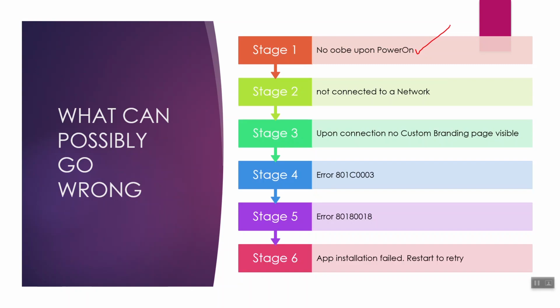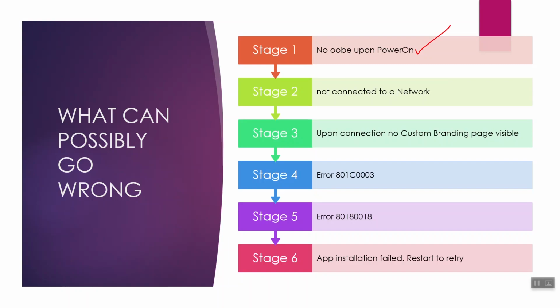If that is the case, then there are normally two possibilities. First, that there is something wrong with the OS image that is being used, or an unexpected XML is being used, or we powered on the device some time back and the out-of-the-box experience was partially completed and the device was then restarted.